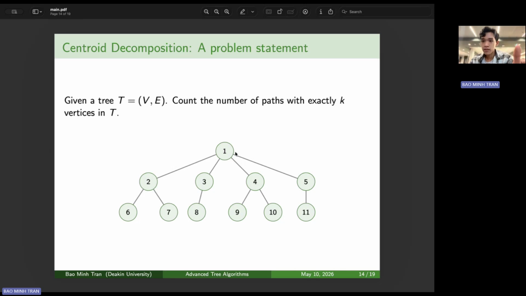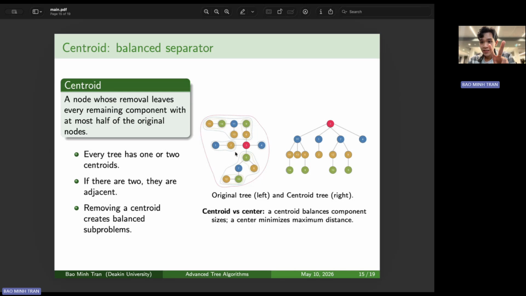Whatever the path is, node 3 must be in that, right? Okay, that's one point. And the second point is that the centroid decomposition gives us that, for any 2 vertices in the original tree, its path must go through a centroid in the centroid tree here.